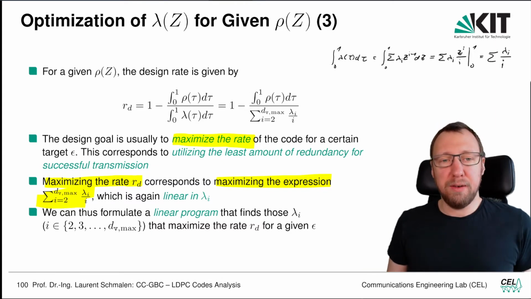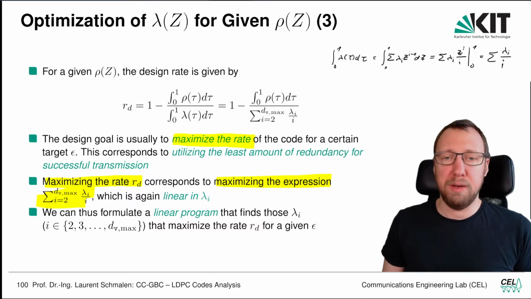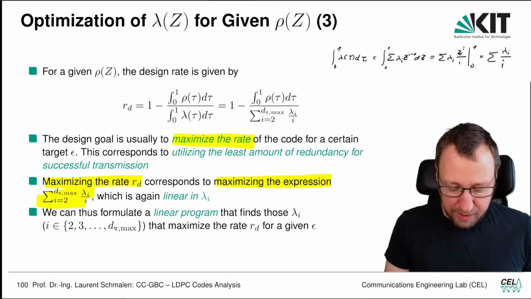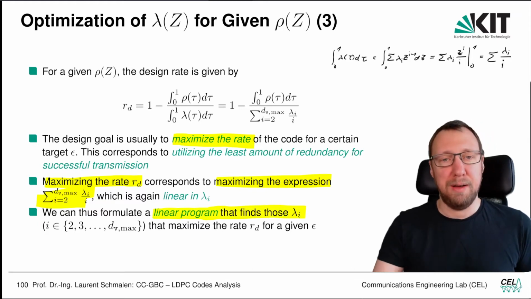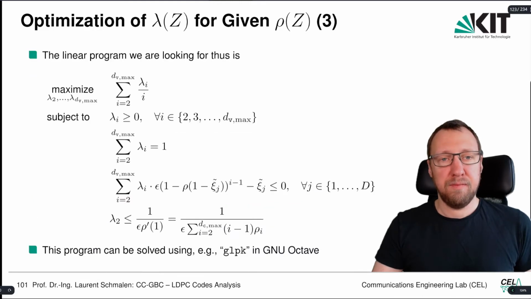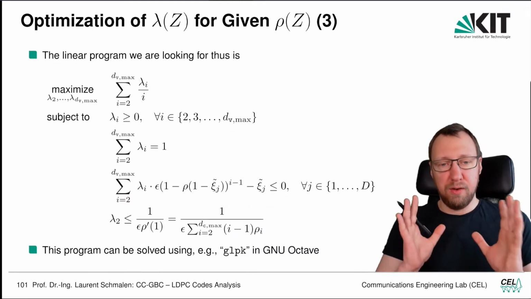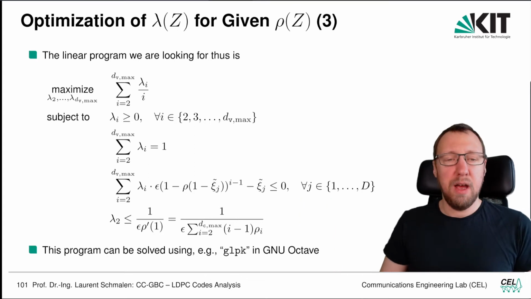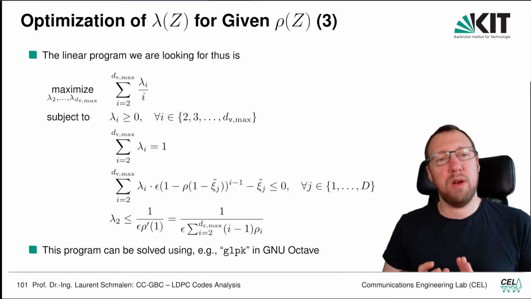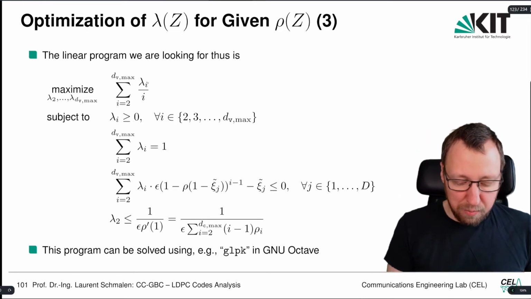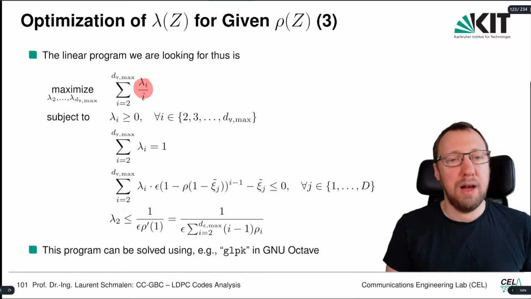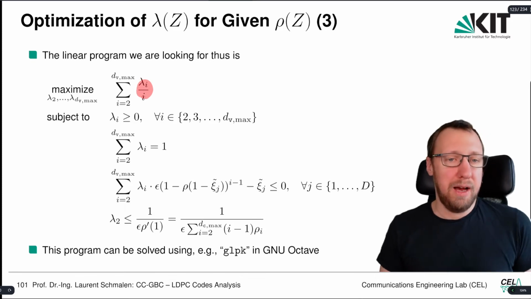So we have everything we need now, so we can formulate an optimization problem. In this case, it's a so-called linear program to find the values of lambda. The program we have is on this slide. It looks a little bit complicated, but we are going step by step. The first thing we have is we would like to maximize the sum over lambda i divided by i.